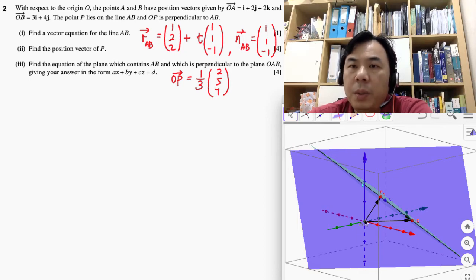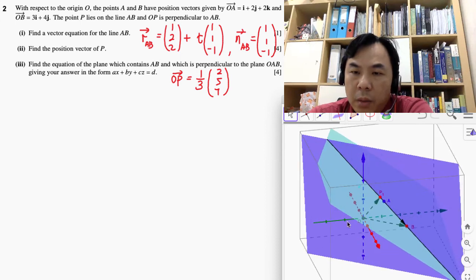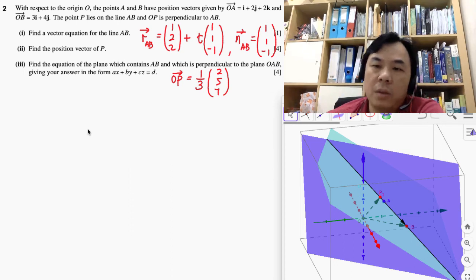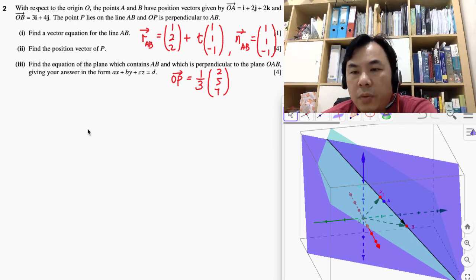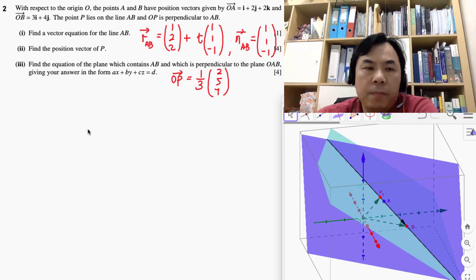So vector OP is the normal to the plane whose equation we want to obtain. That's the information you need to obtain from the visual perspective.